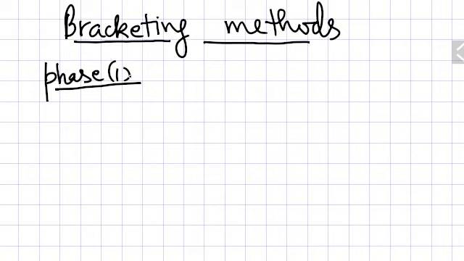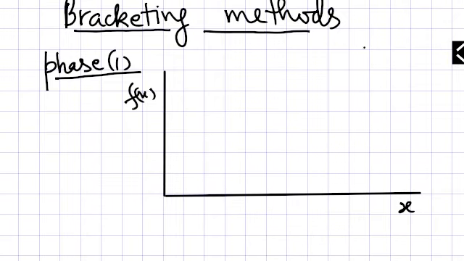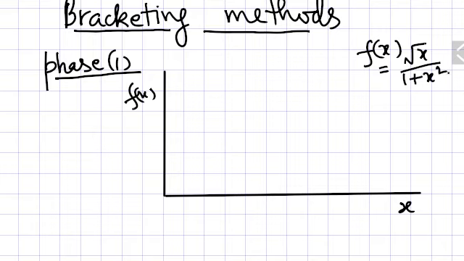You can see it this way. For simplicity, we are taking a univariable function, only one variable. Suppose you have some function f(x) that you have to get the minimum value of. This function can be any function, for example 1 plus x square. You have to find its minimum value, and you don't know the plot of this function.